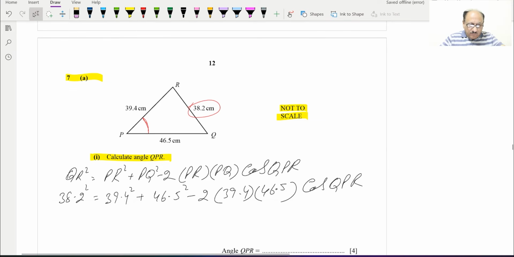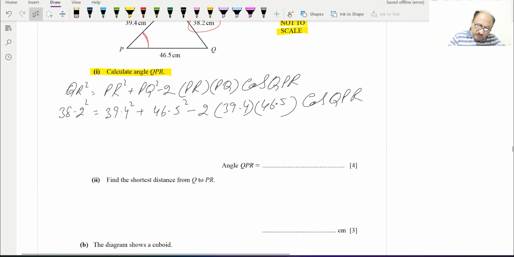So we can find basically the angle. We'll make cos of the angle the subject. What we can do, we can simplify basically, 38.2 square, and these two terms we can shift to the other side. So minus 39.4 square and minus 46.5 square, and this term we can shift to the other side.